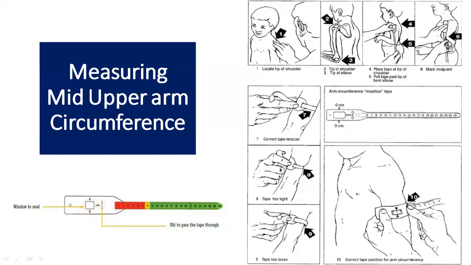Mark the midpoint. Over this midpoint, put the tape and correct the tape tension, because if it is too loose or too tight, it may give a wrong value. So you pass this tape through this hole, and the point of intersection gives you the value of the MUAC.